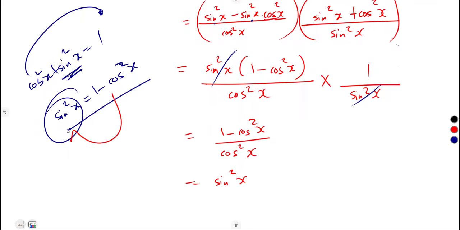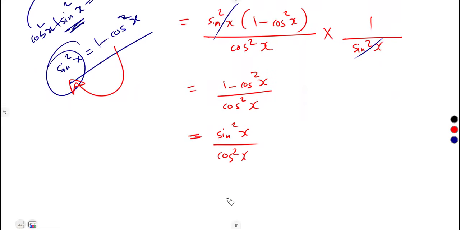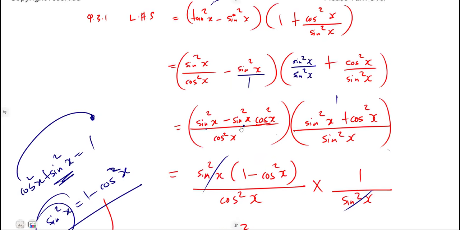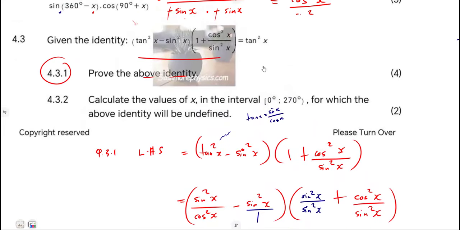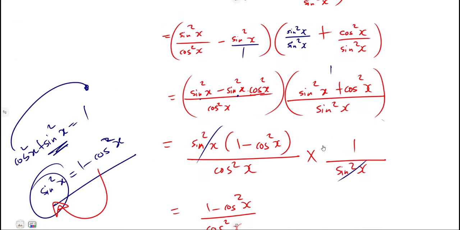As a sine squared of x over what? Over a cos squared. Why writing it as a sine? Remember, sine over cos gives us a tan. So therefore, it was going to be a tan squared of x, which is exactly what you are having on the what? On the right-hand side, tan squared of x.